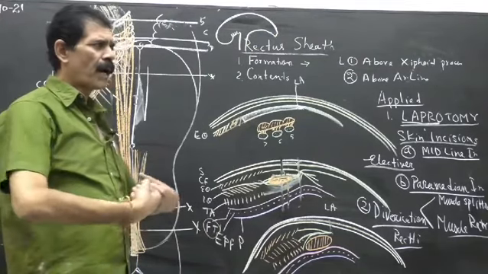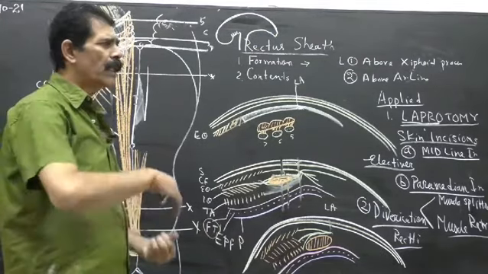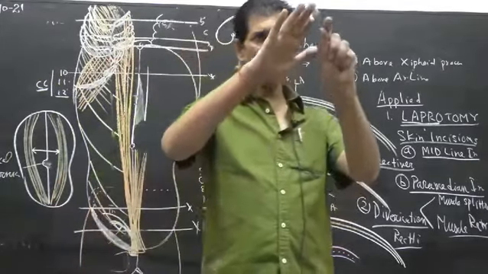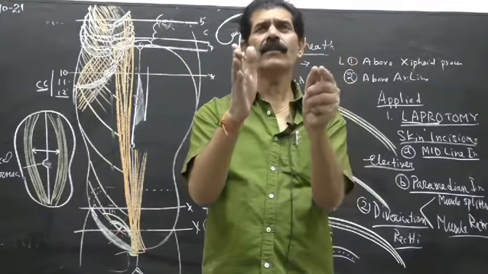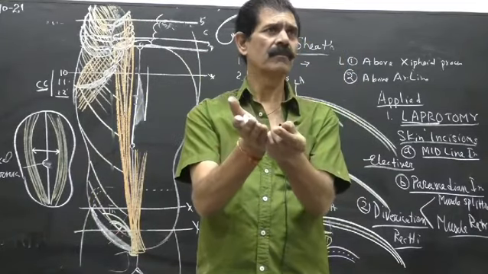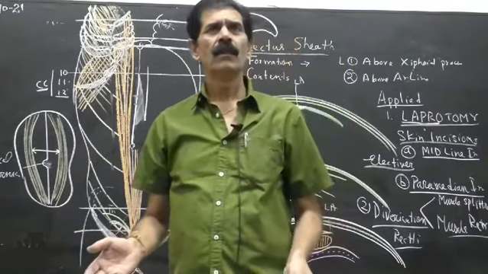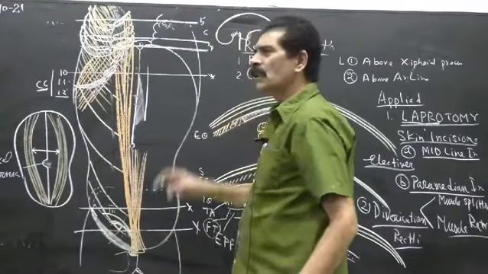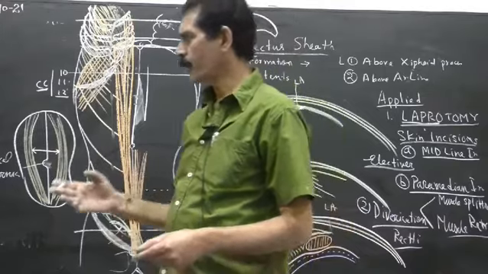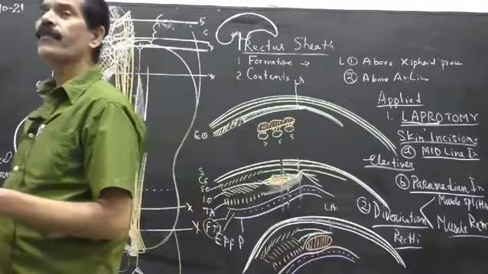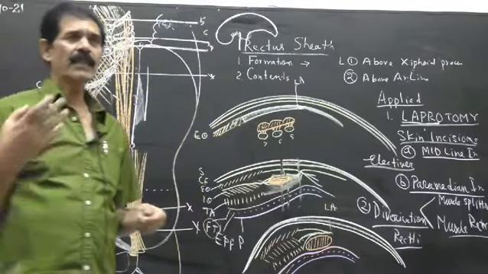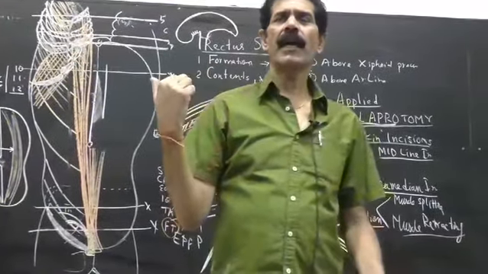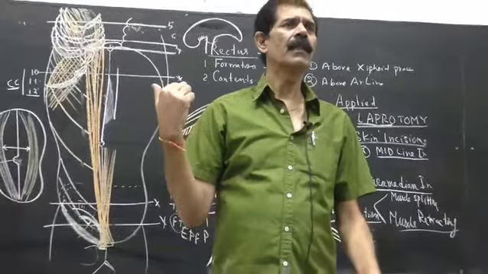But in the ventral part, during the folding of the embryonic disc, the right and left sides of the ectoderm have to meet in the midline. Sometimes at the level of the umbilicus there is a non-union of the right and left surface ectoderm, and this leads to a gap, and that gap leads to what is called the umbilical hernia.